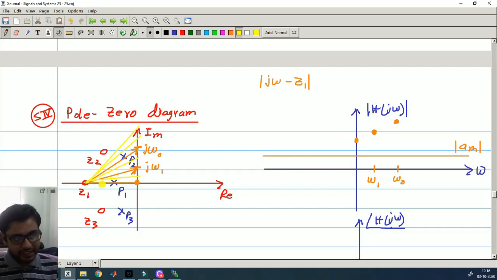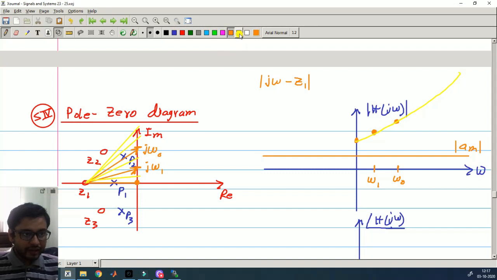And as you can see, when omega is 0, in this case this length is minimum and then it increases. So this plot will be like this. It is minimum and then it increases and it will tend towards infinity. Okay?